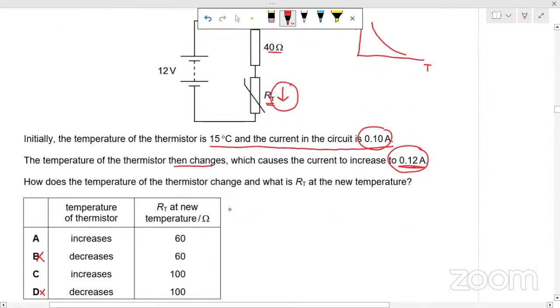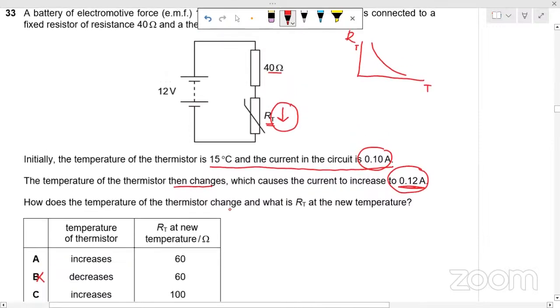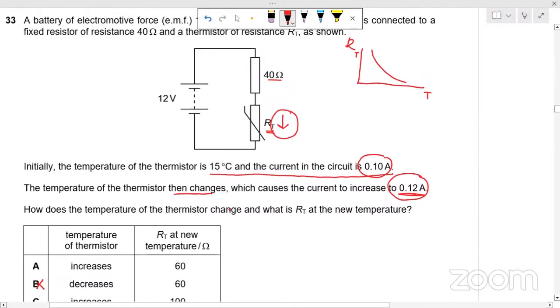What about the resistance of this thermistor? We know the total new current. And in this circuit, these two resistors are in series, and the current is the total voltage, the EMF, divided by the total resistance, 40 plus the resistance of this thermistor.